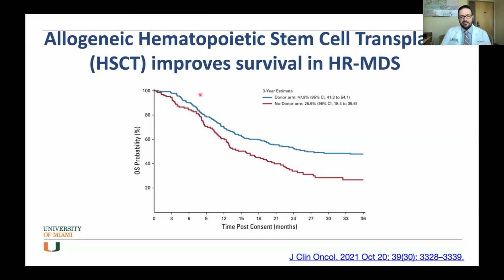However, I chose to highlight this study because in this particular study, it wasn't a randomized study. That is our best level of evidence. If you have a randomized study, that means when patients come in, they're diagnosed, and then they're randomly assigned to one treatment arm or another.